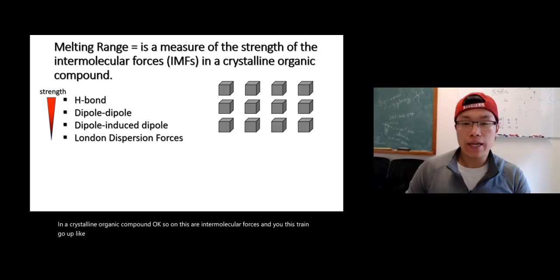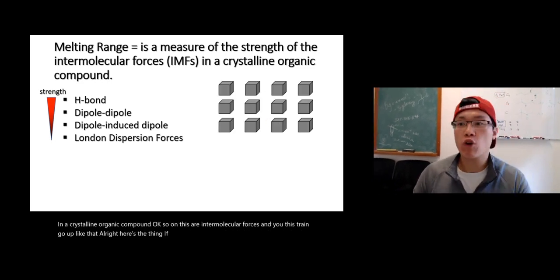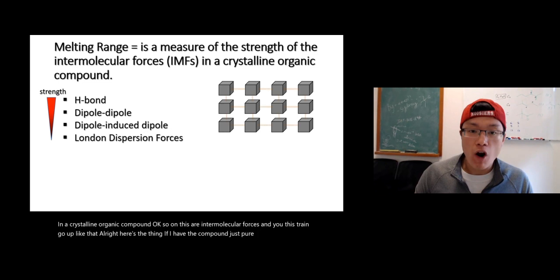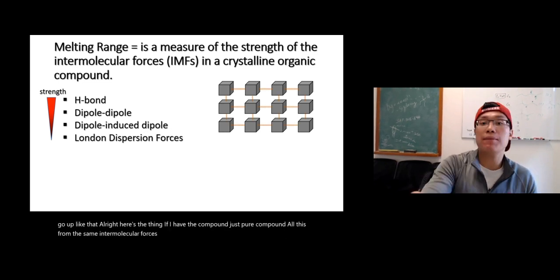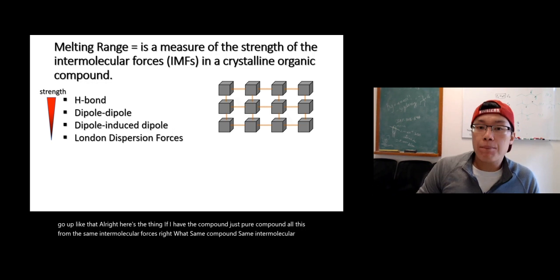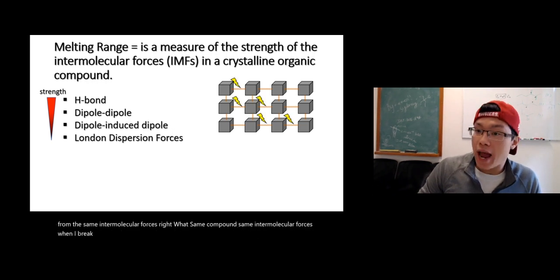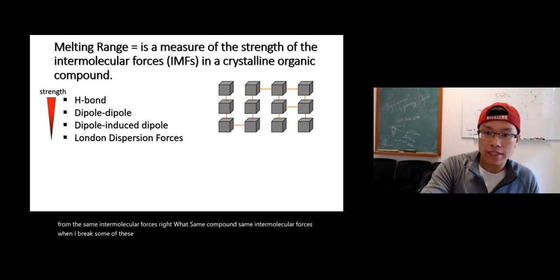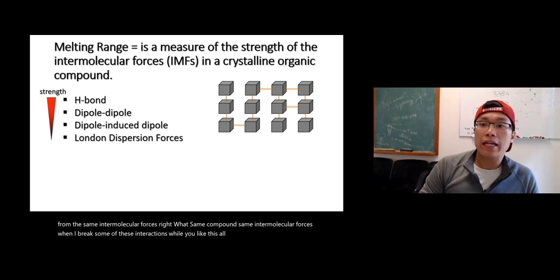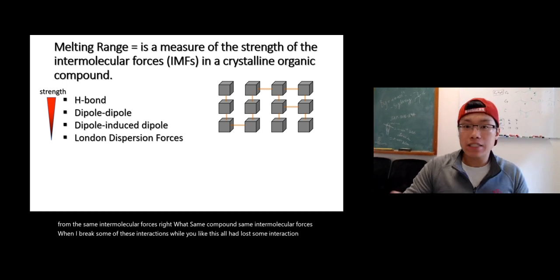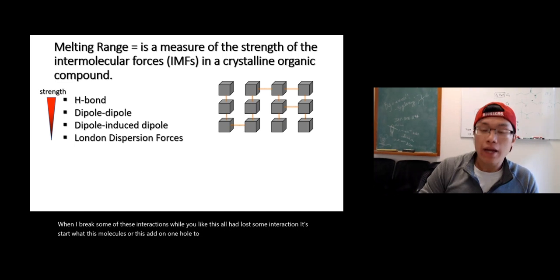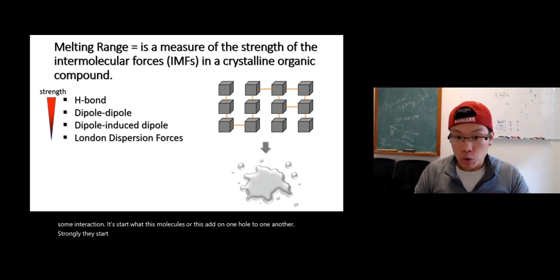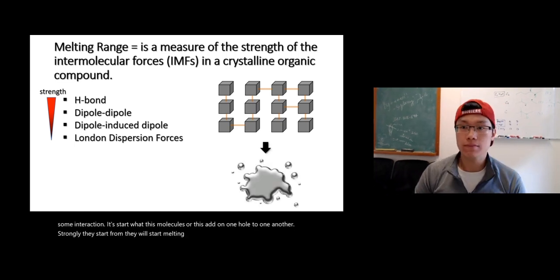Here's the thing: if I have a pure compound, it's all the same compound with the same intermolecular forces. When I break some of these interactions, the solid loses some interaction, and these molecules won't hold to one another strongly. They will start melting to become liquid.